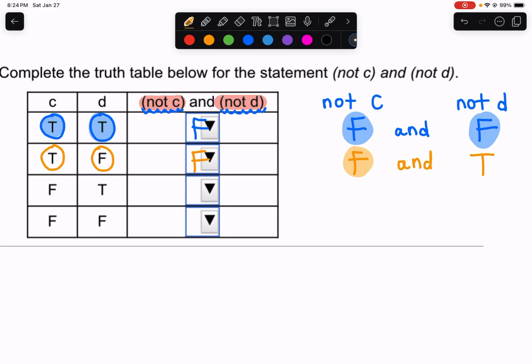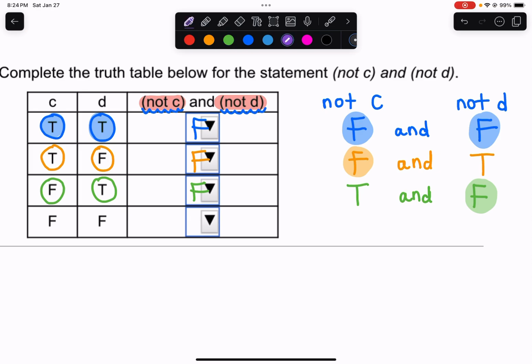Let's go to the next line. Opposite of false is true. And opposite of true is false. This is wrong too, because that second proposition is false, making the entire conjunction false.